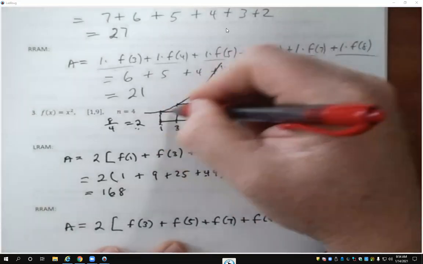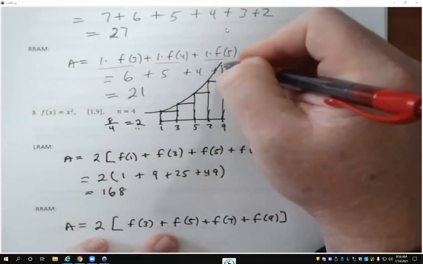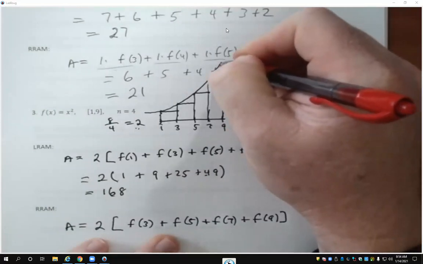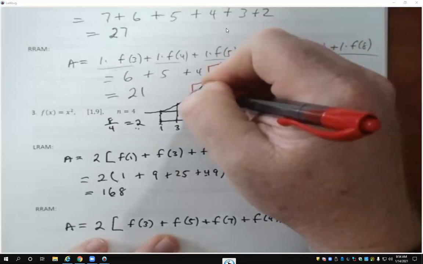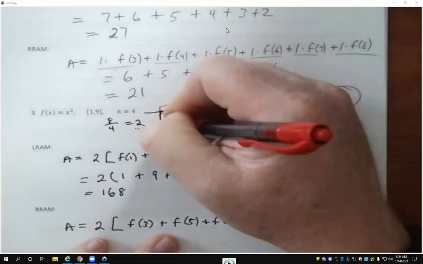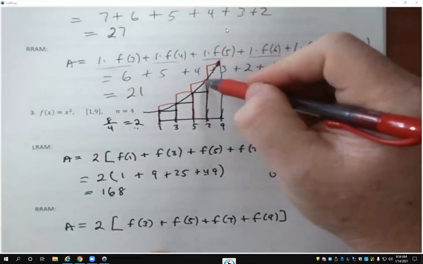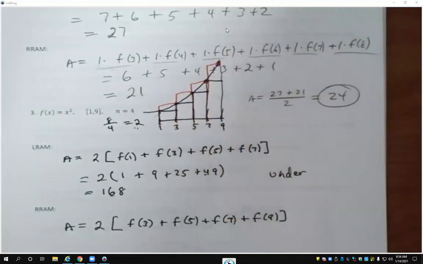Okay, so here's my graph of x squared, and I'm starting with an RRAM. So where this meets, I'm drawing my rectangles this way this time. And obviously you can tell by the picture, this is an overestimate, and I want these 4 y values instead of those 4 y values.